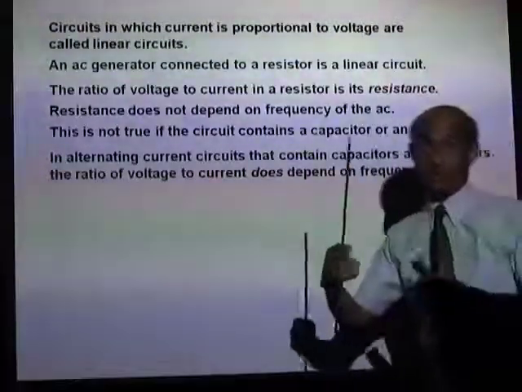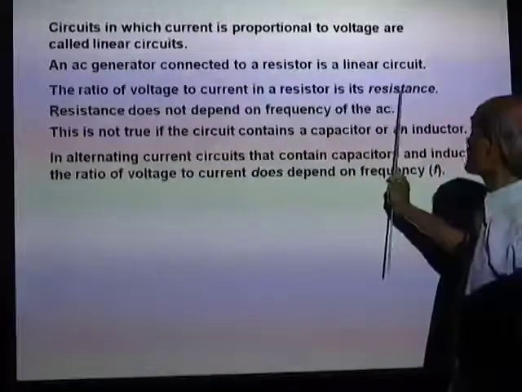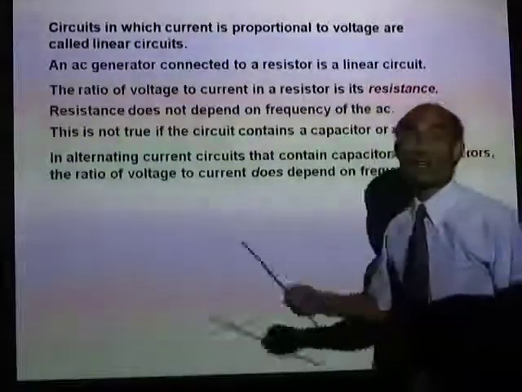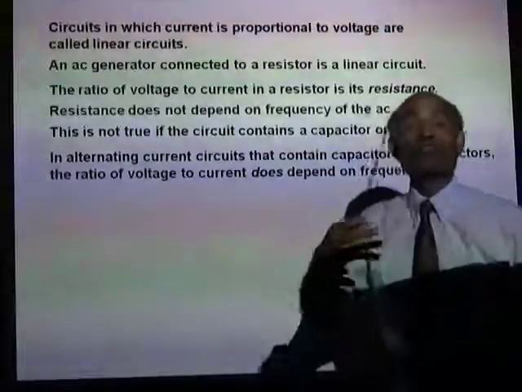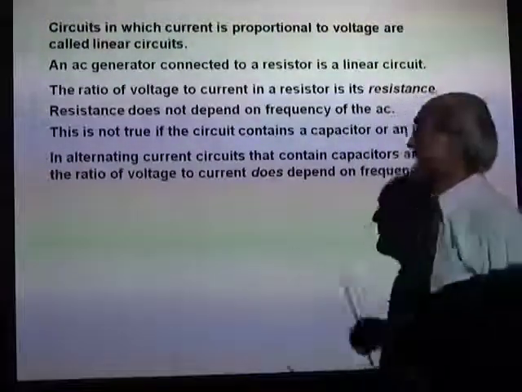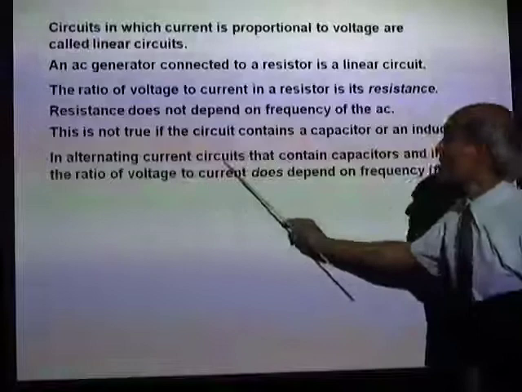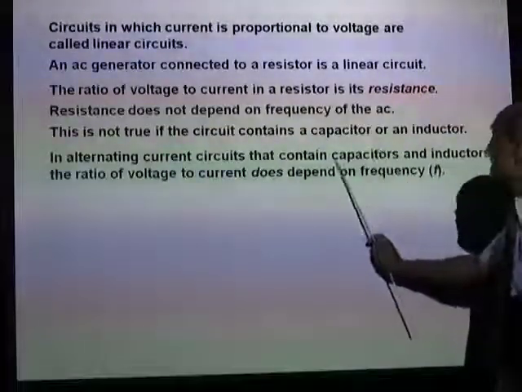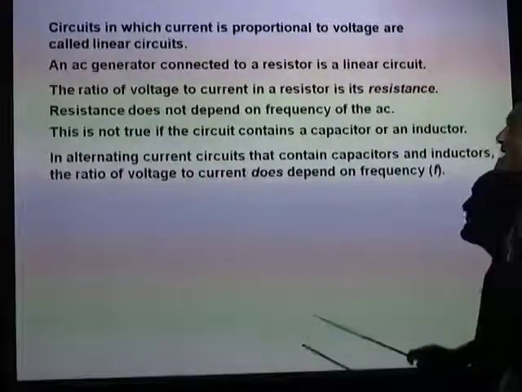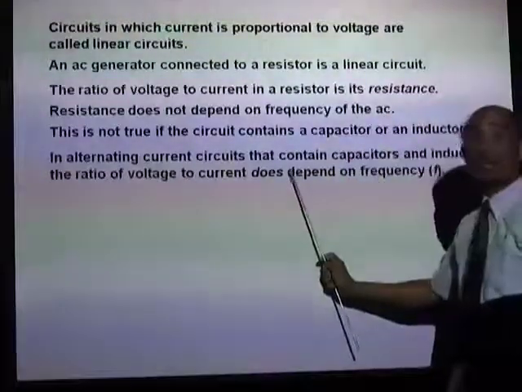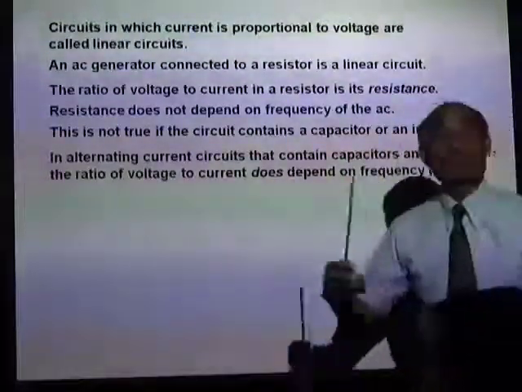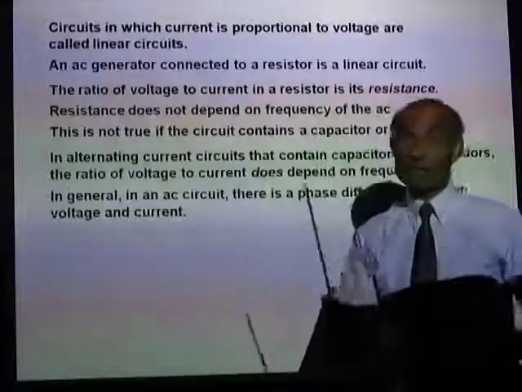I want you to understand this very well. For a resistor, the resistance does not depend on the frequency. But when an alternating current passes through a capacitor or an inductor, the ratio of voltage to current depends on the frequency of the AC. That's a big difference there.